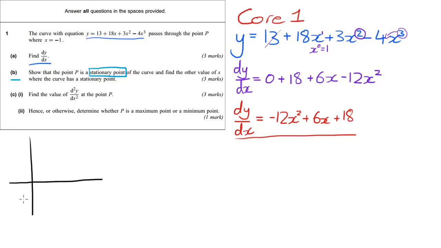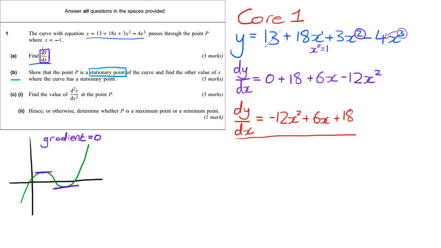So if we just have some arbitrary thing coming up, the stationary points are the points here and here where the direction changes, or where the gradient, let me write this down, where the gradient is equal to 0.